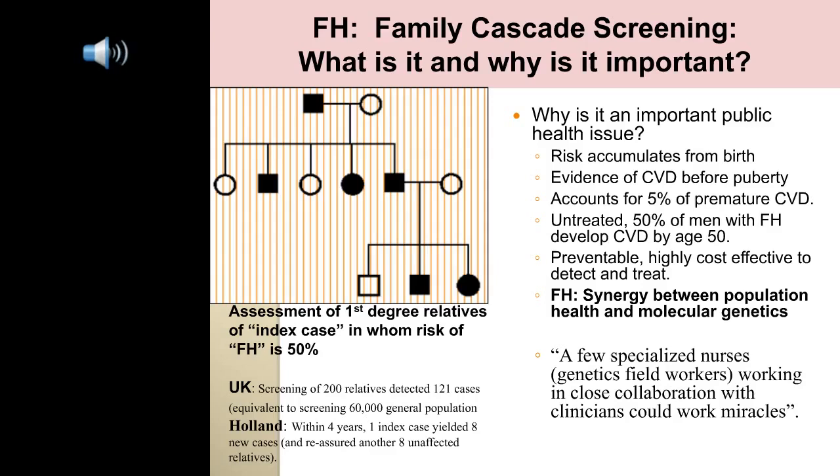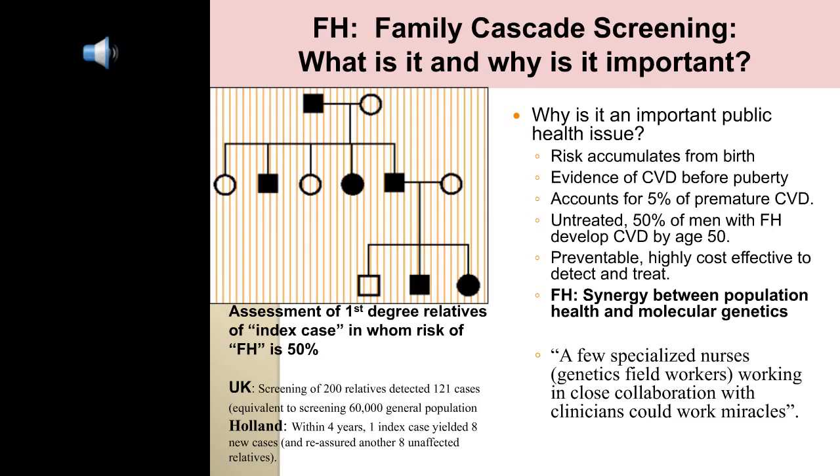The experience in Holland, where this approach is widely used, is that within 4 years, testing the relatives of an index case usually yields an average of 8 new cases, and of course 8 other people could be reassured that they don't have a problem with familial hypercholesterolemia. So this is an important public health issue.